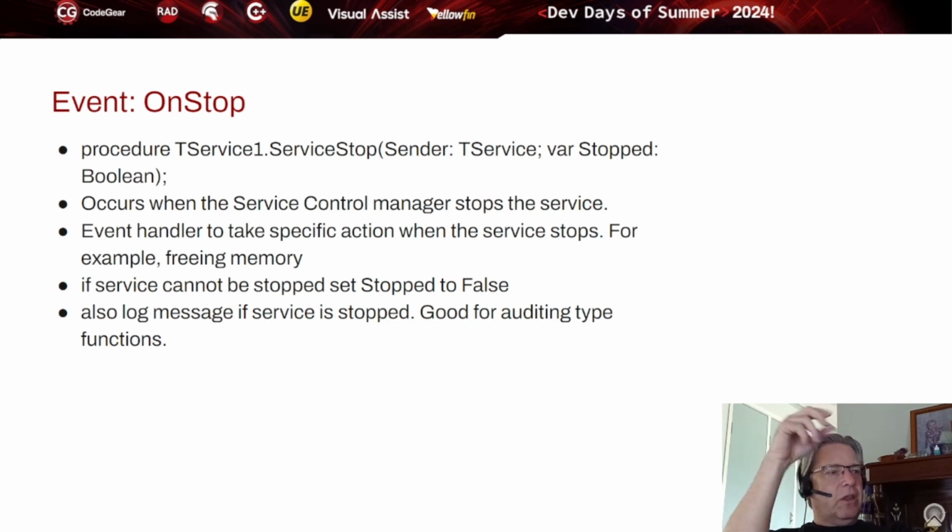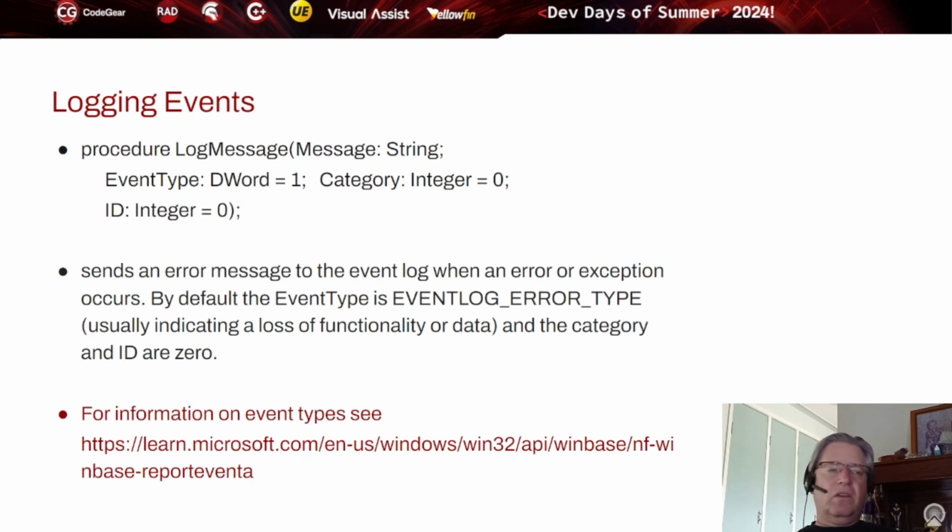Again, there are other events which allow you to pause and continue a service, and for those particular events, I would suggest that you have a look at the Delphi pages on writing a service.